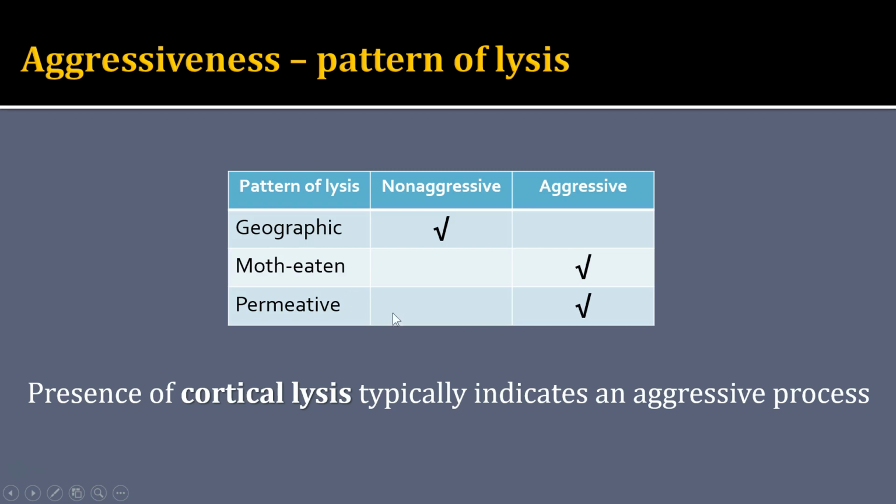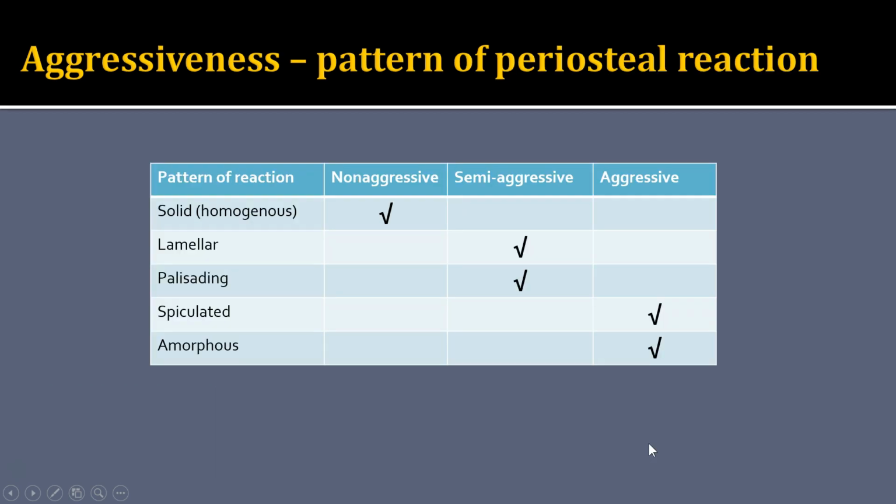When we get into moth-eaten and permeative lysis, that is going to be more often an aggressive process. Remember, though, that aggressive is not necessarily cancer. Fungal infections and cancers are referred to as aggressive processes in our bone. If you see cortical lysis, regardless of the pattern of lysis, that typically tells us it's an aggressive process.